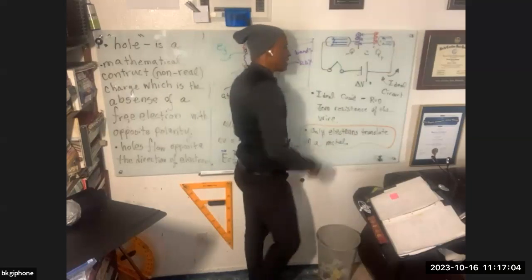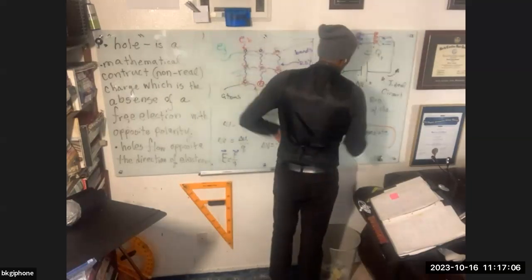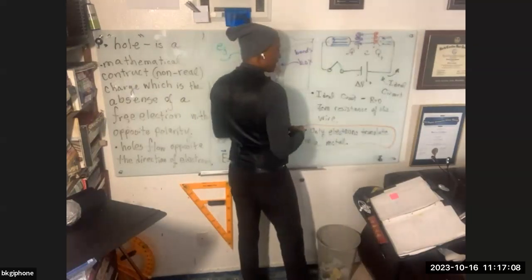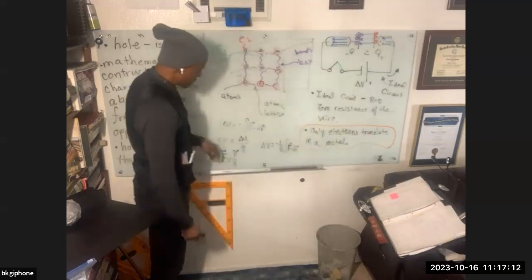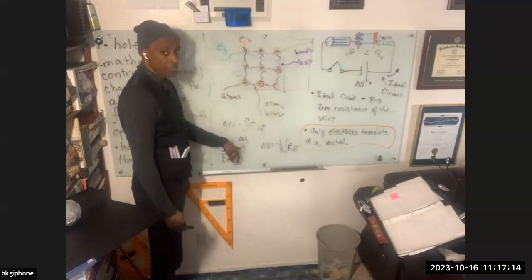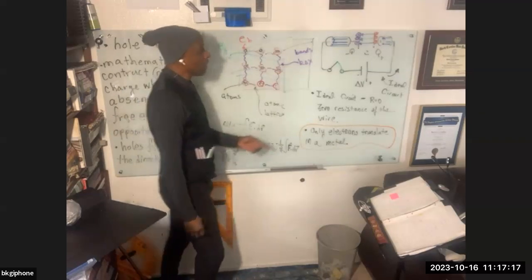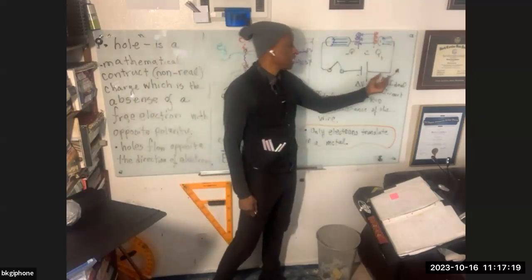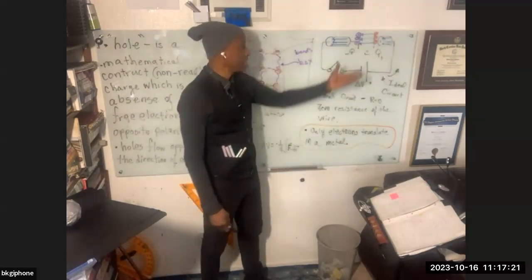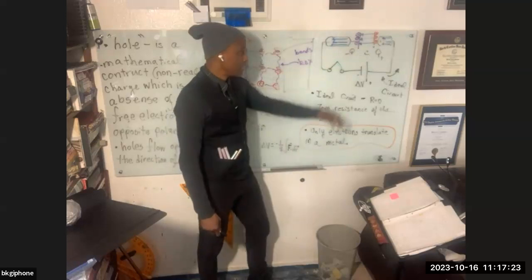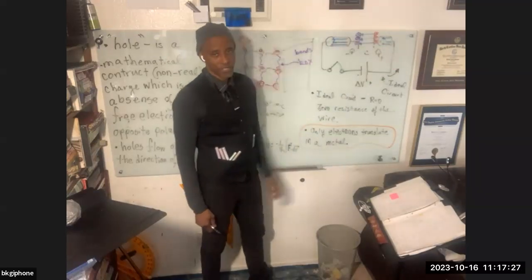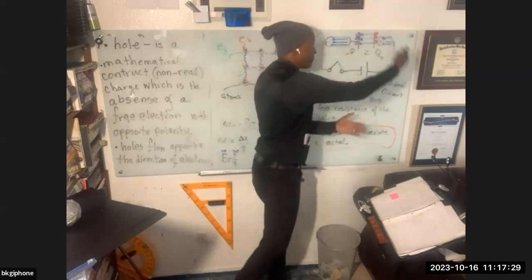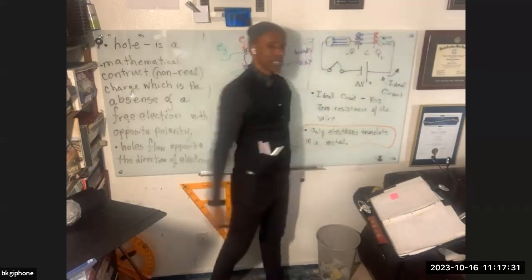It's the battery that's causing charges to be pulled off and deposited on the other side, and it's getting the energy to do that from its voltage. Why? Because voltage is energy per unit charge. And it's showing you how much energy per unit charge these charges have as they go through this process. The electrons being pulled off and deposited on the other side, and the holes being deposited on the positive plate.